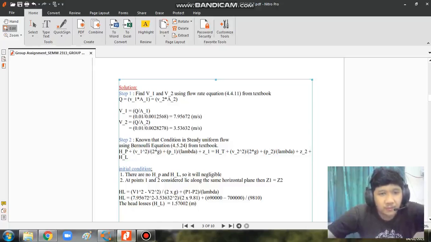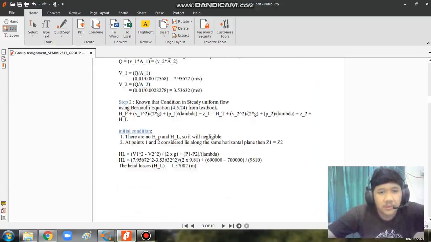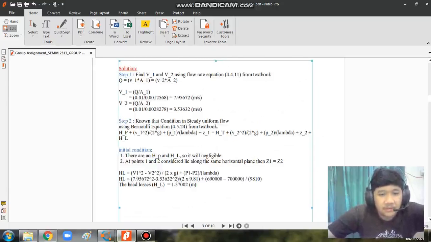After we calculate V1 and V2, let's get started with the second step. We know that the condition is steady uniform flow. Because this is uniform flow, we can use the Bernoulli equation.